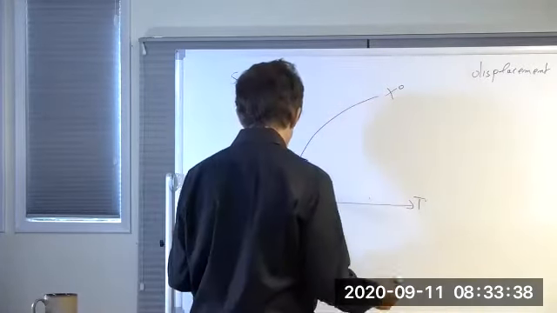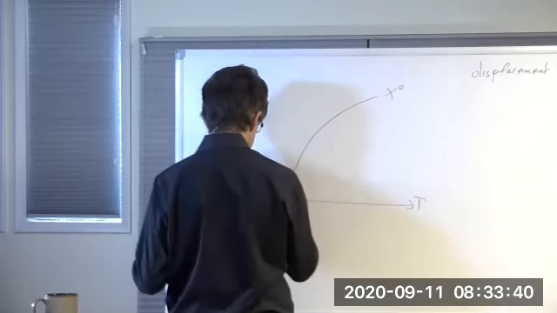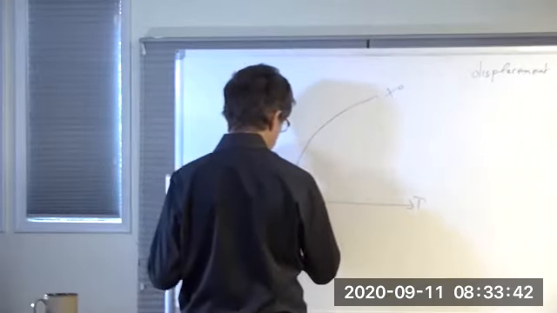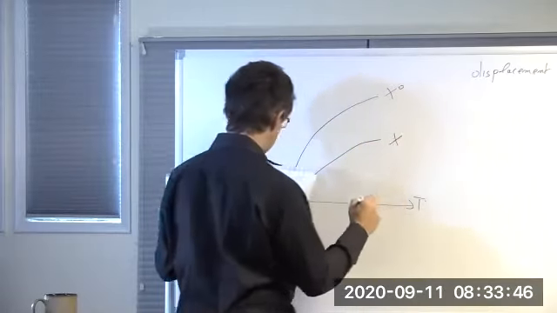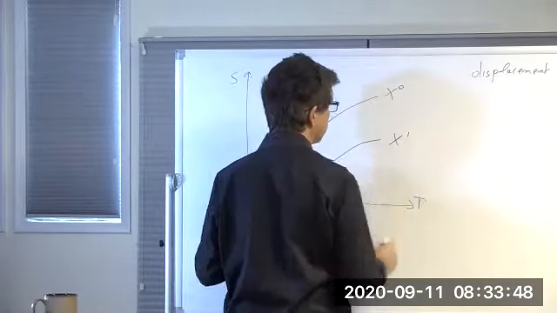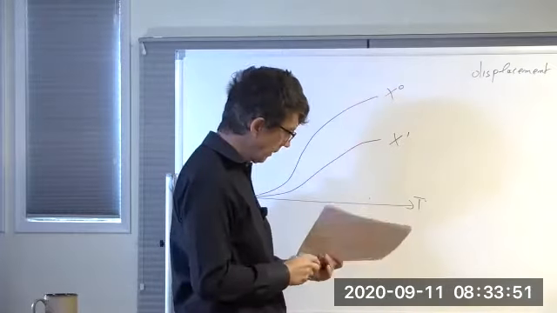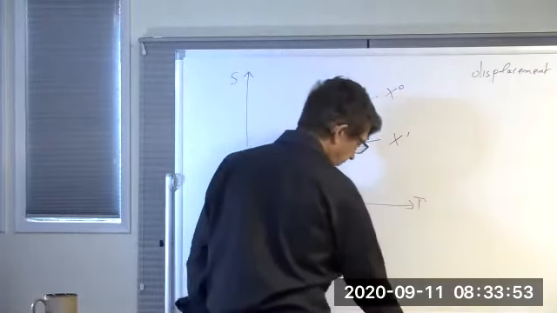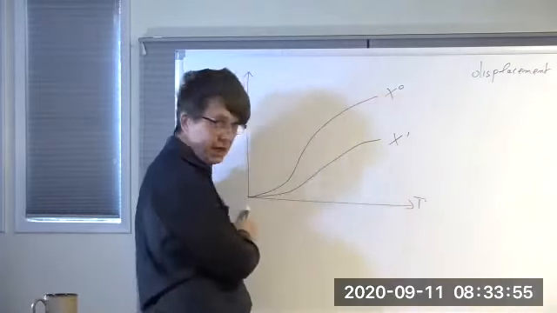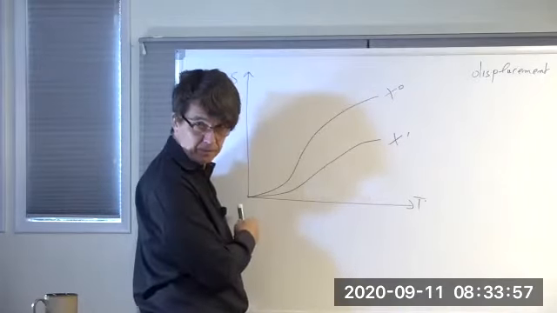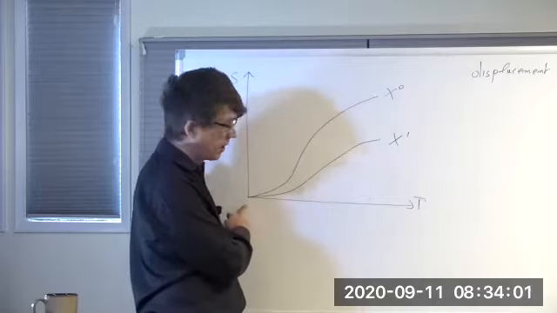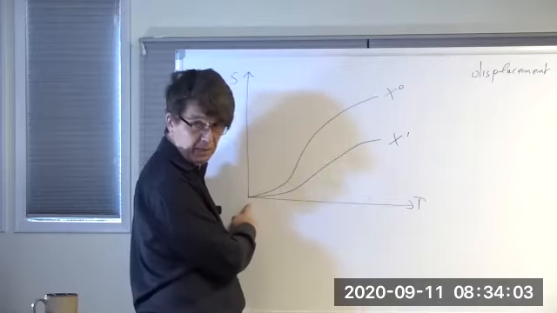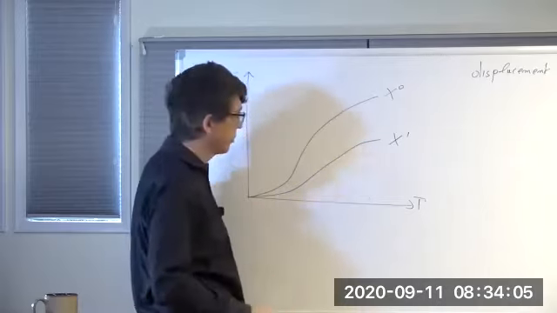And now let me draw it at another value of x. So maybe I'll call this x prime. Because the change of extensive variables can be done reversibly at 0, these curves have to come to the same 0 entropy here. And you'll see that's part of the problem.